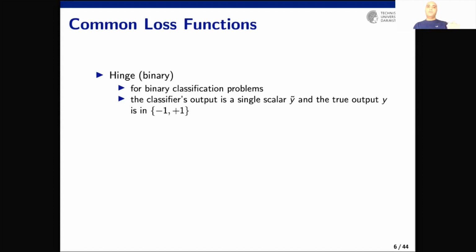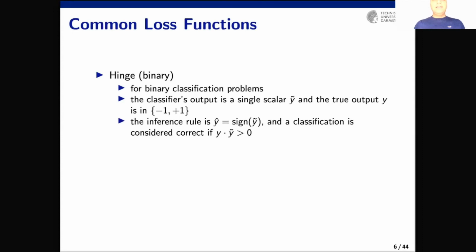And if y shows that the topic is about science, we set the label to -1, right? So in this way, we can move to some numerical space. And the inference rule then is very easy. The inference rule says that if the score our network predicts is positive, then the label is +1. And if the score is negative, then the label is -1.